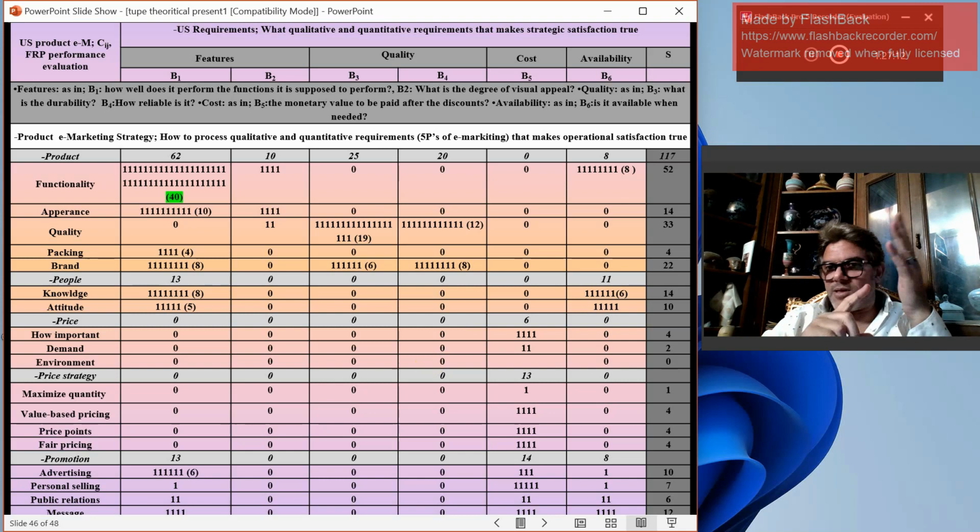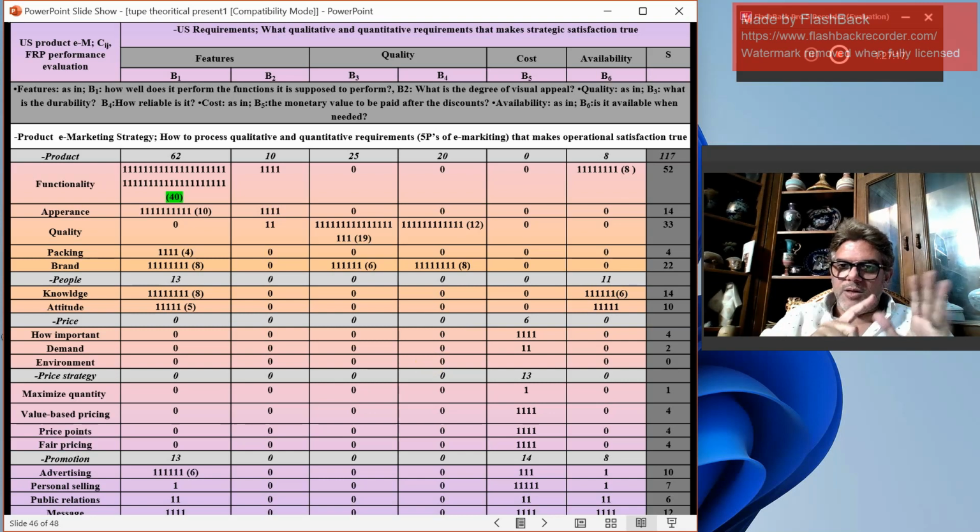data, information, knowledge, intelligence, okay? So the data will be presented in this table only. From this table only, I will extract any kind of information, knowledge, intelligence. This means that big data semantically does not exist.